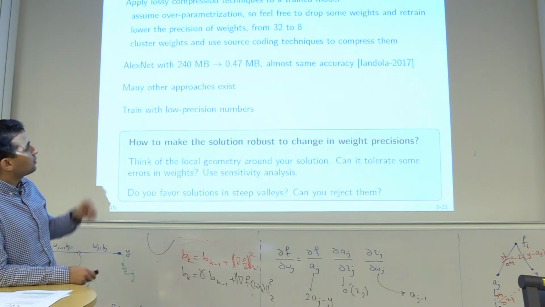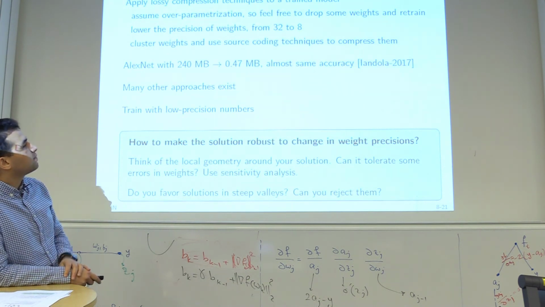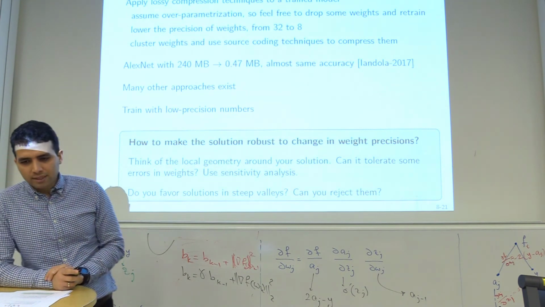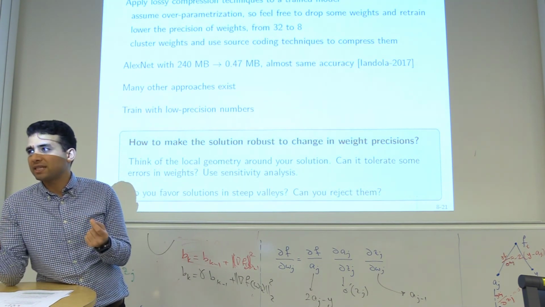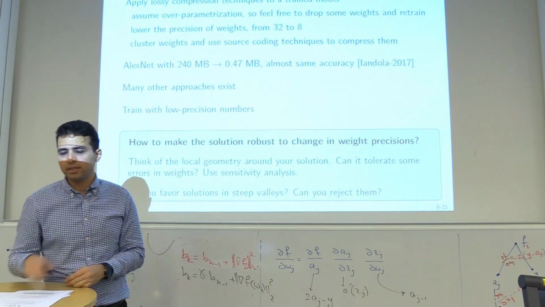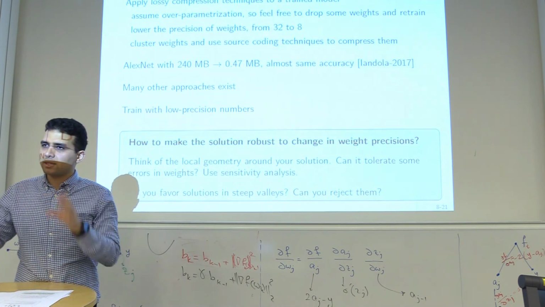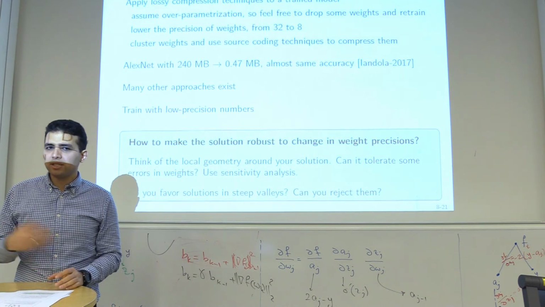And on top of that, you can use techniques which are more interesting to me, that cluster weights. You can observe that some of those weights that you're training are almost on the same scale. Then you can cluster them and change the mapping.